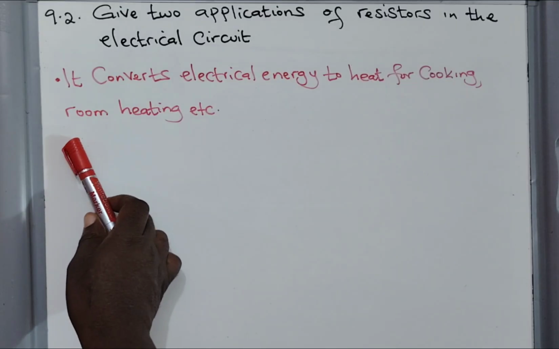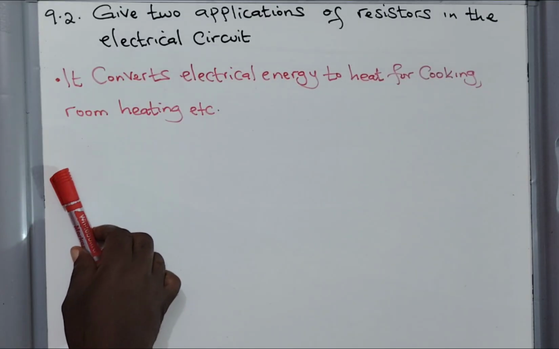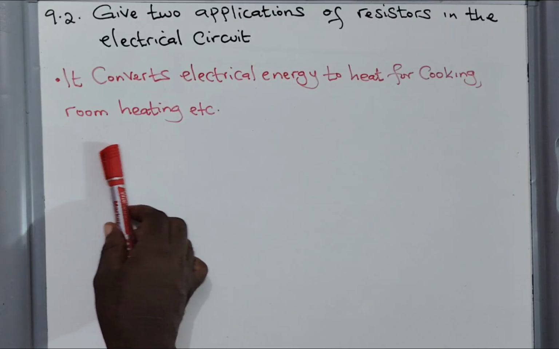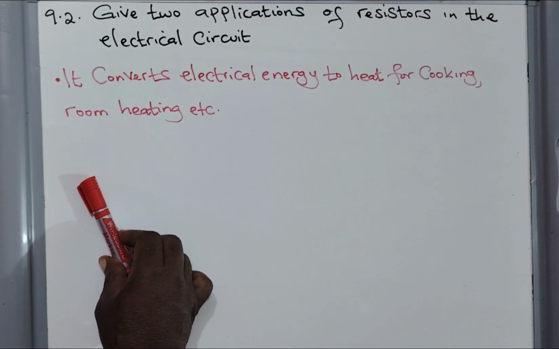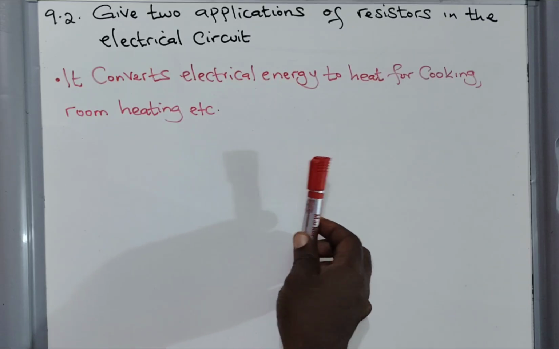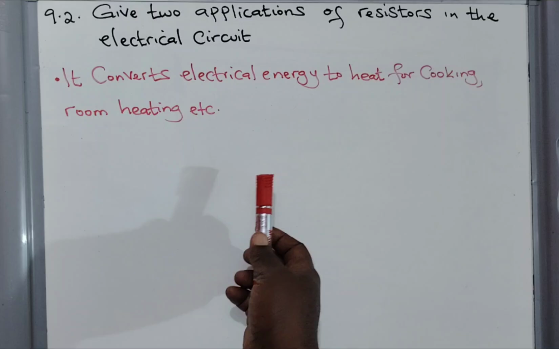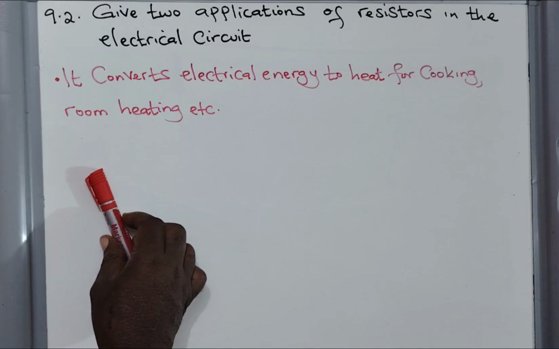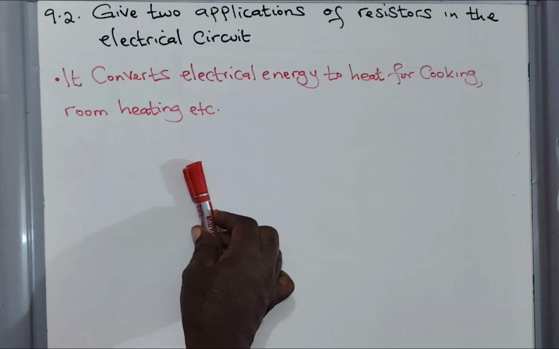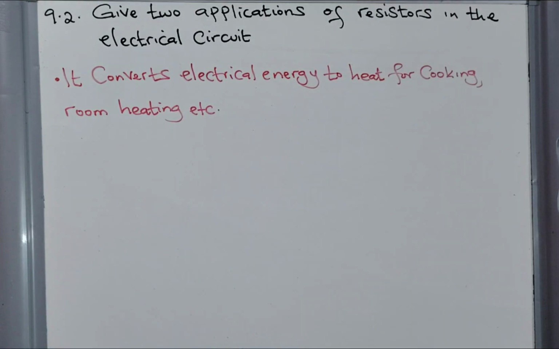So what is another use of resistance? In incandescent bulbs, the resistance of the filament coil converts electrical energy to heat, then to light, for lighting.